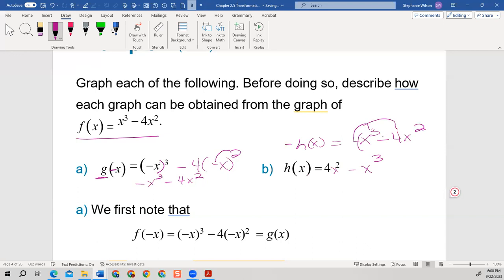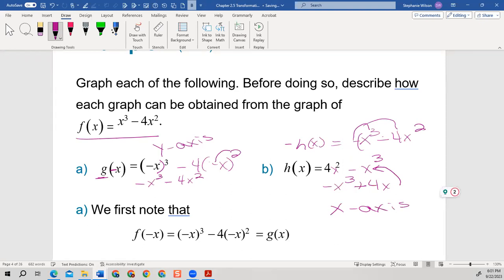So now this is where we get the negative x cubed plus 4x squared, which can be written in this format here. Now that we've done that and solved for b, we can determine what it's reflected about and compare it. And then this one was called h, right? So this graph here is a reflection of the graph of f across the x-axis. Okay, so this one's reflecting about the y-axis, and this is about the x-axis.